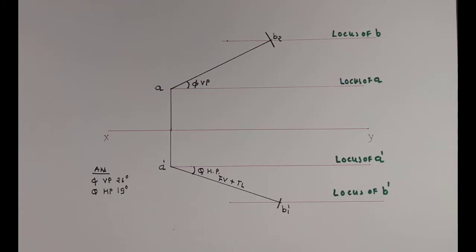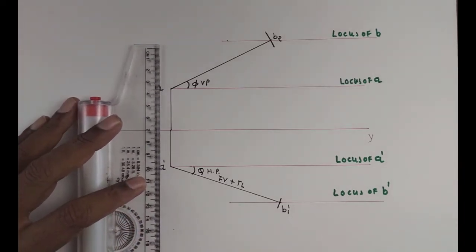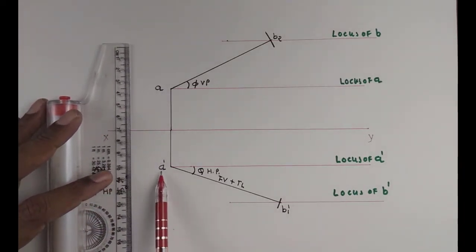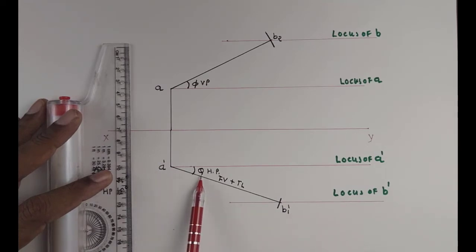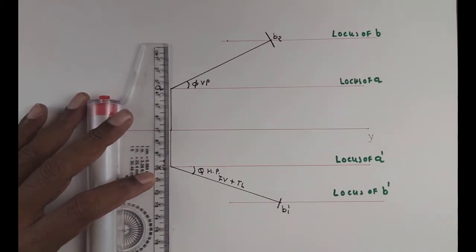Now for a line inclined to HP, theta, with true length, always its elevation is parallel to its top view. Now here your line is inclined to HP, theta degree, your top view always parallel to XY line.